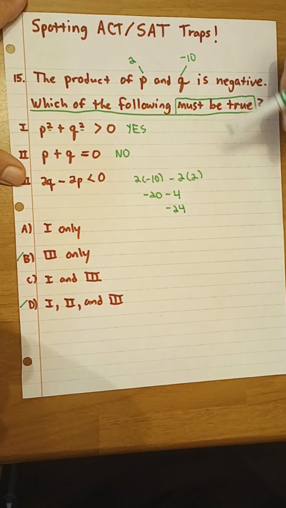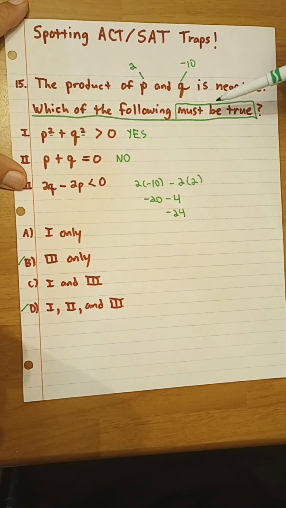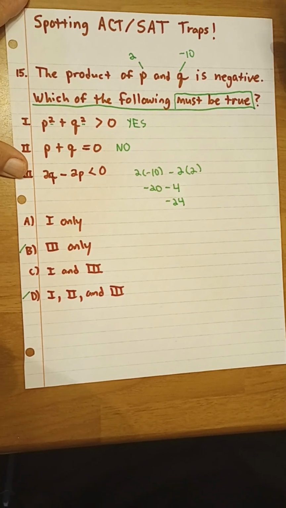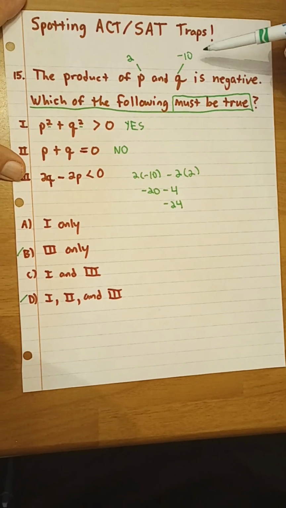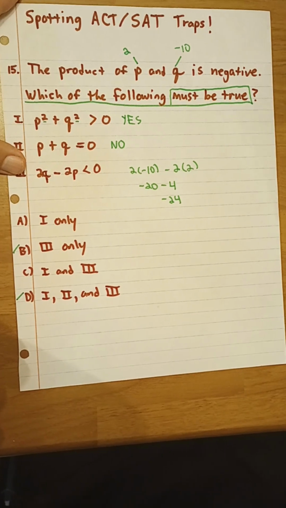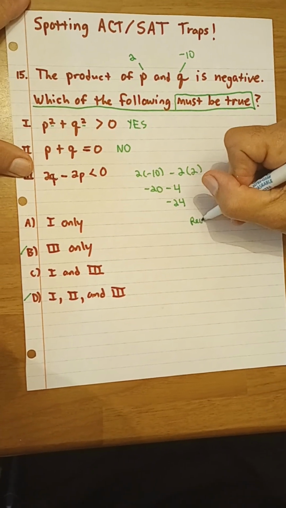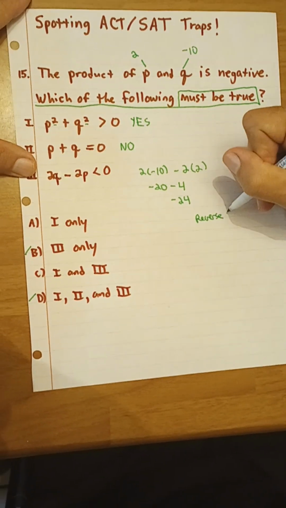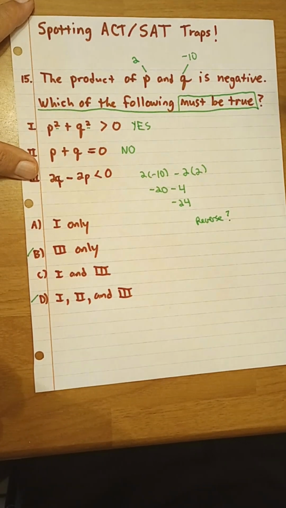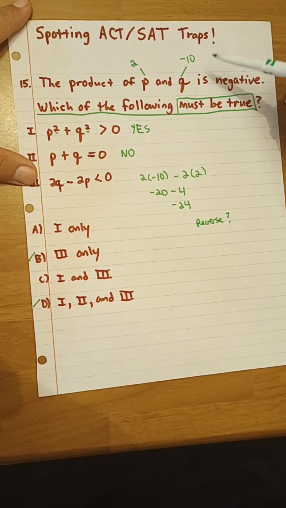However, right, nowhere here did it say that P needed to be positive and Q negative, right? It simply stated that the product of these two numbers is negative. And I think if we were to reverse the variables here, the numbers, I think we would not get a true statement. But let's check it out, right?